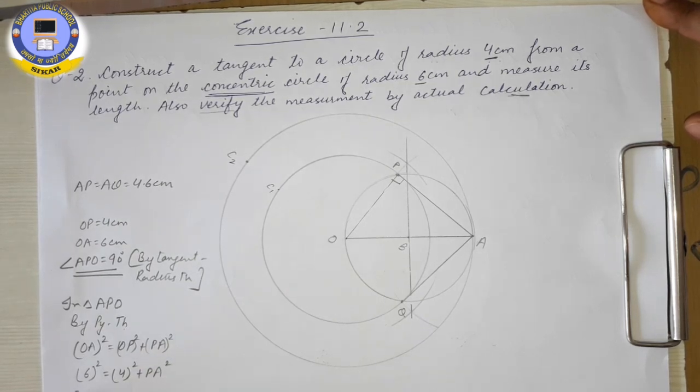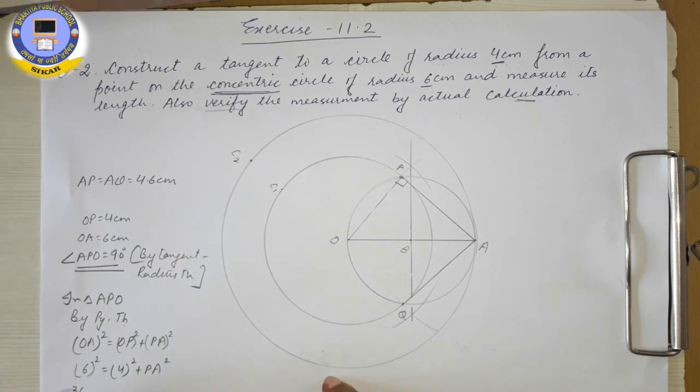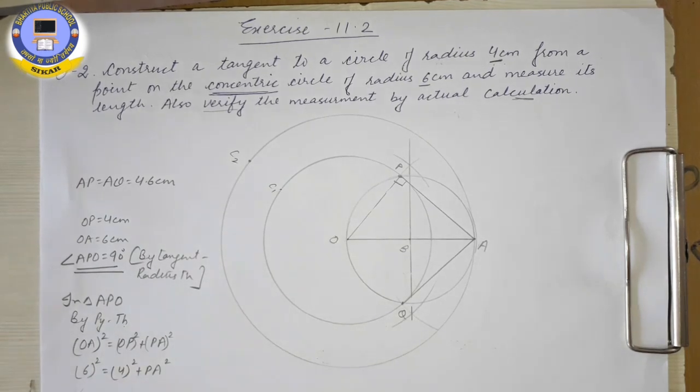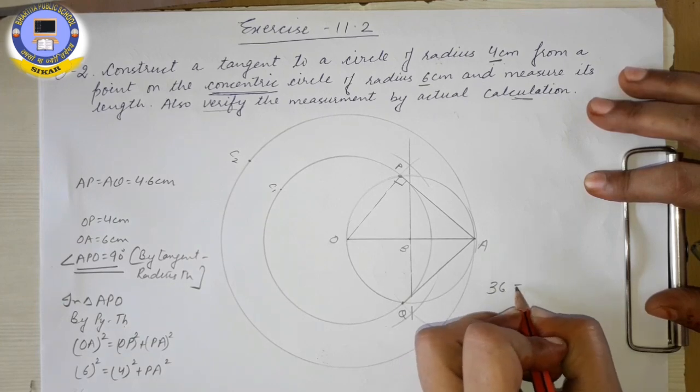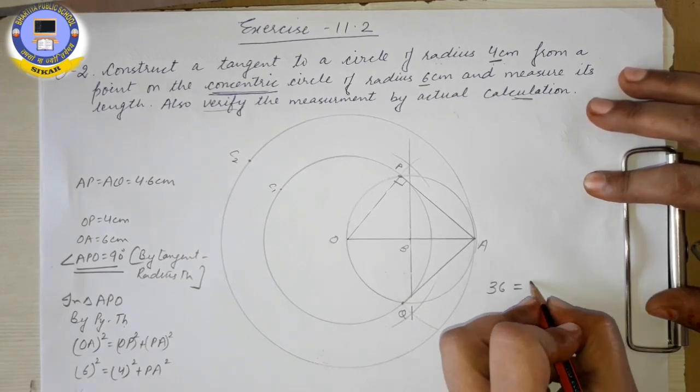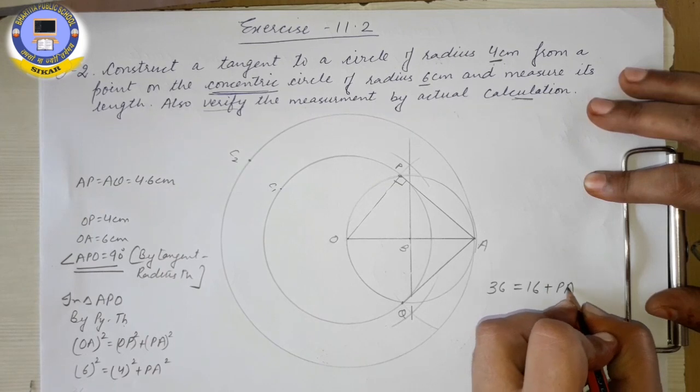Solve it. Okay, you are not able to see, I am solving it this side. See, 6 square is 36 equals 4 square is 16 plus PA square.